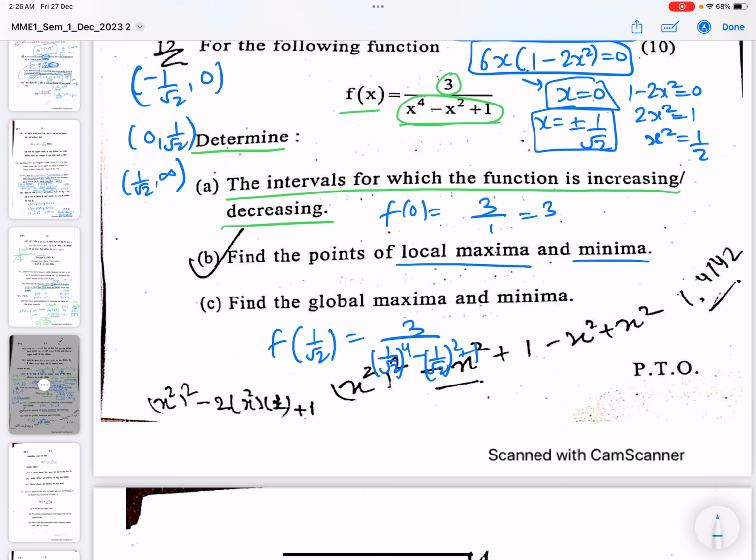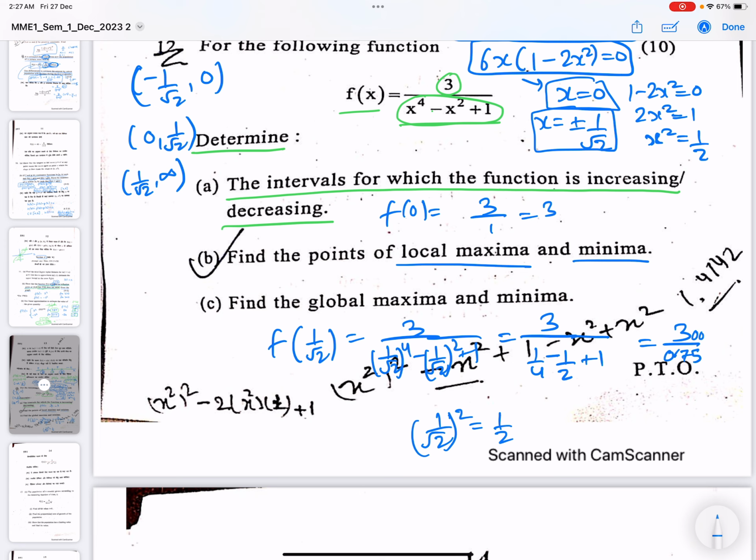So 1 by root 2 square is 1 by 2. So 1 by root 2 to the power 4 would be 1 by 4, minus 1 by 2 plus 1. So this is 3 upon 1.25 minus half, which is 0.75.